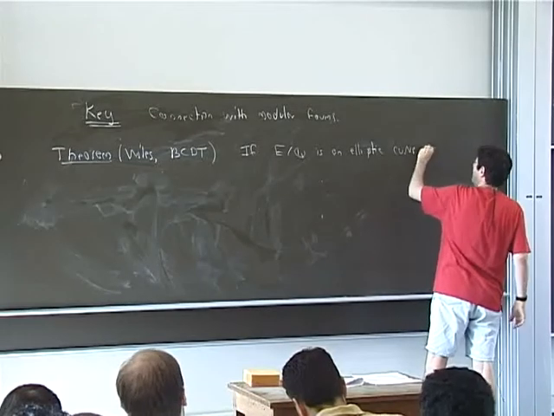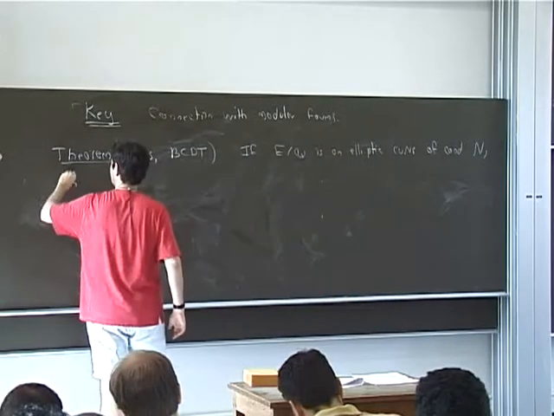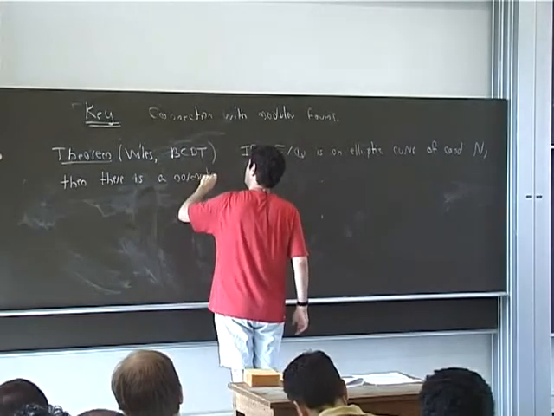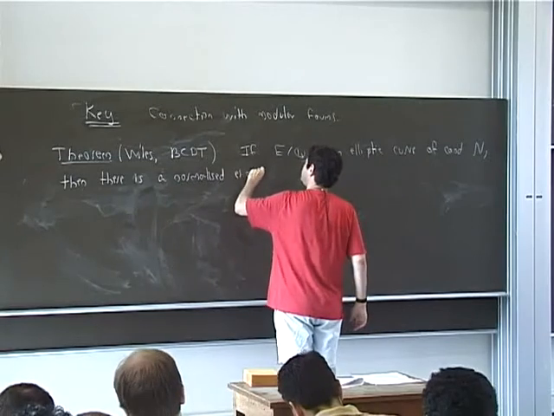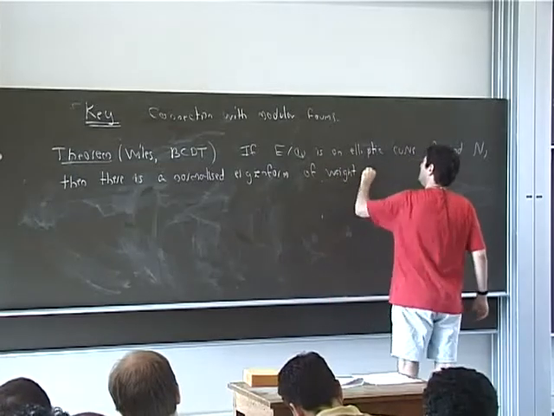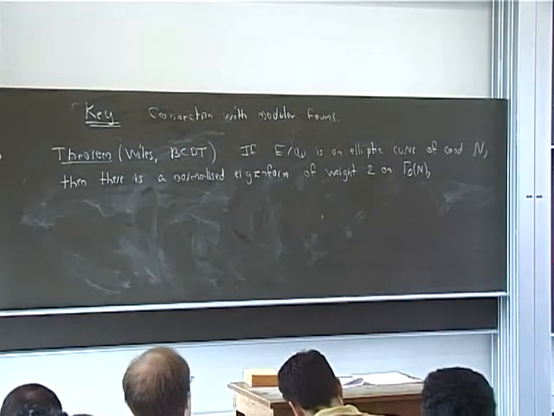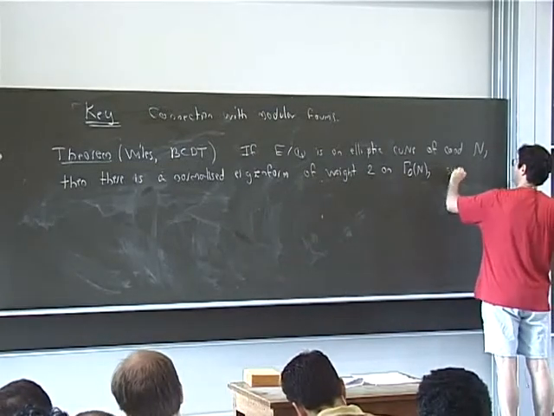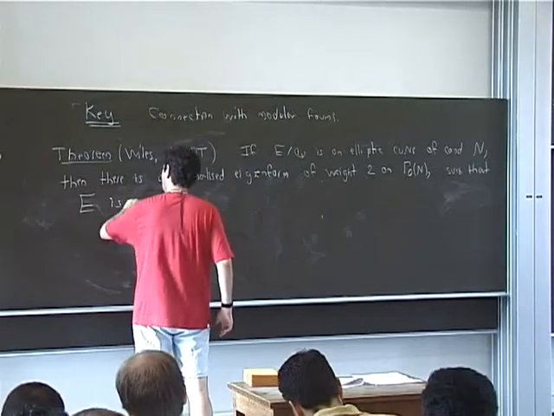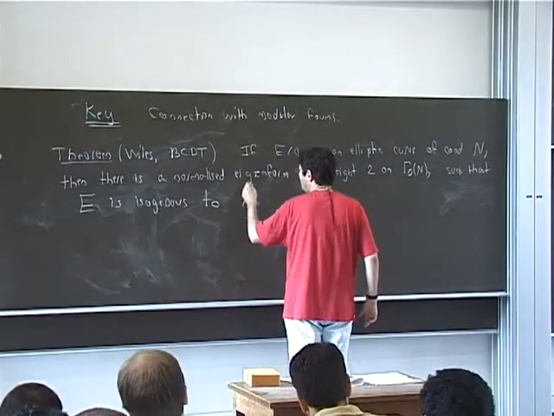of conductor N, then there is a normalized eigenform of weight 2 on the Hecke congruence group gamma naught of N. So we saw last week what these things mean, such that E is isogenous to the abelian variety quotient.